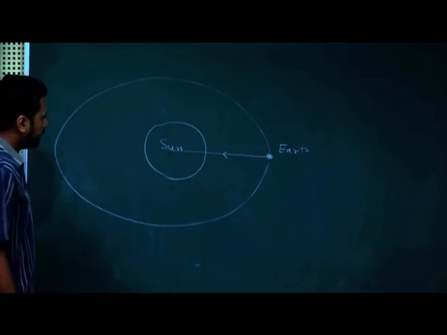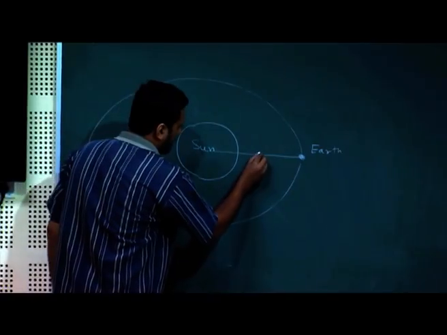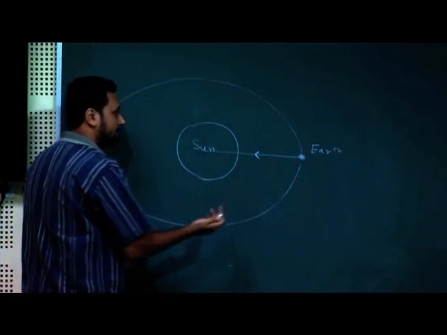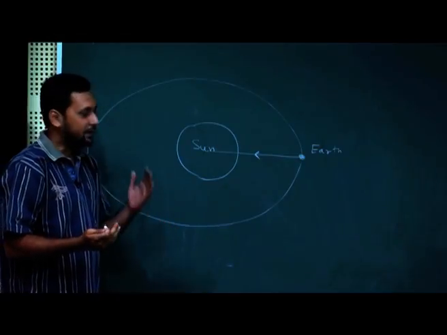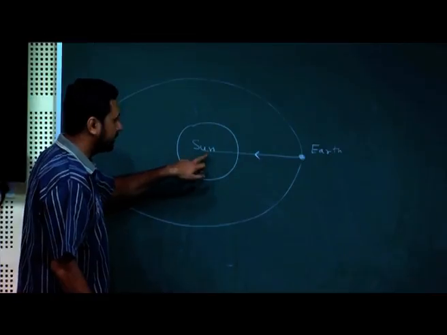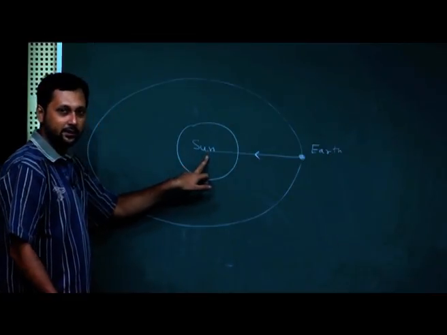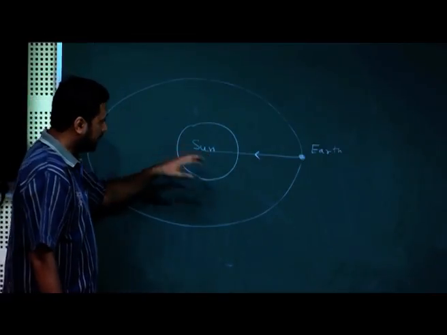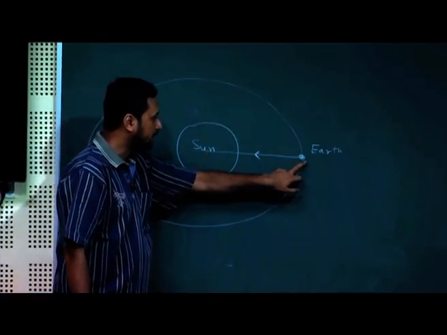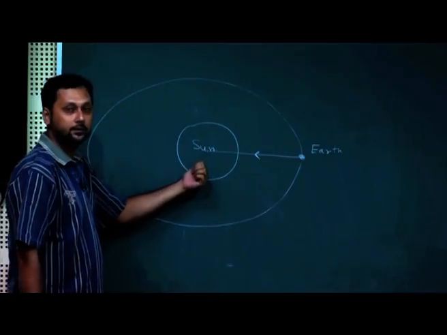In this entire process, Earth is experiencing the gravitational pull of the Sun, but at the same time there is a gravitational pull of Earth that is being exerted on the Sun. And so far we have neglected that because we have assumed that the force center is stationary, that means the Sun is not moving under the attraction of Earth, but Earth is moving under the attraction of Sun.